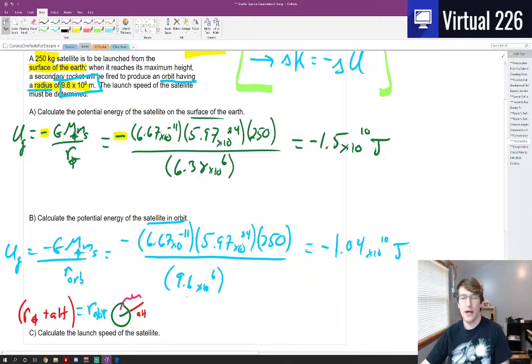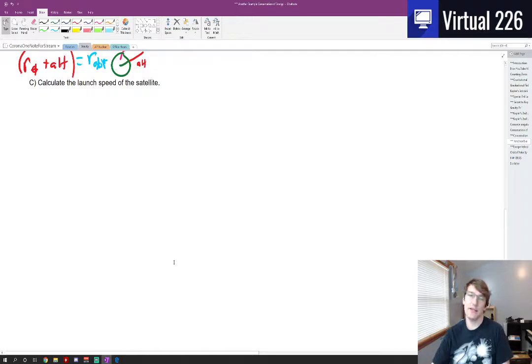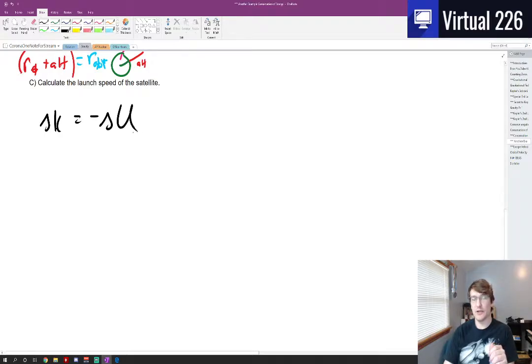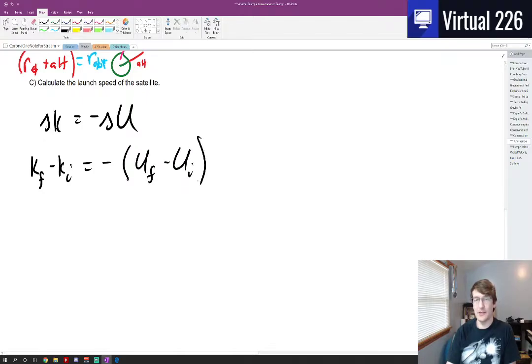To calculate the launch speed of the satellite now, we need to use our change in kinetic energy equals the negative change of the potential. Remember, deltas are always final minus initial.